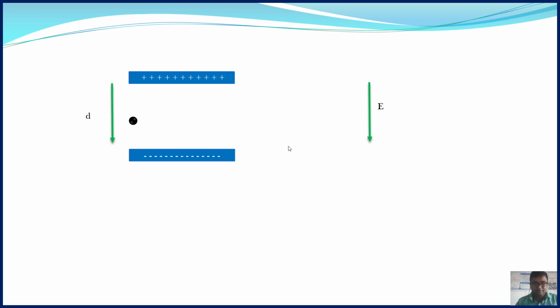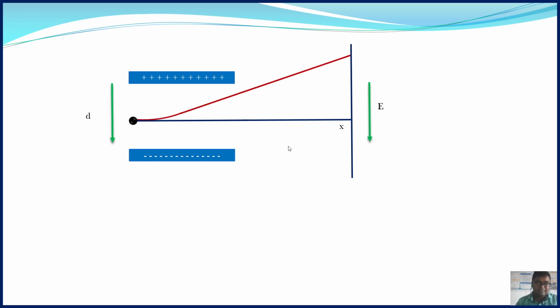Before entering the field, the electron was moving along the x-axis and the vertical axis is the y-axis. The electron will follow a parabolic path, something like this. The angle between the tangent and the horizontal x-axis is theta.